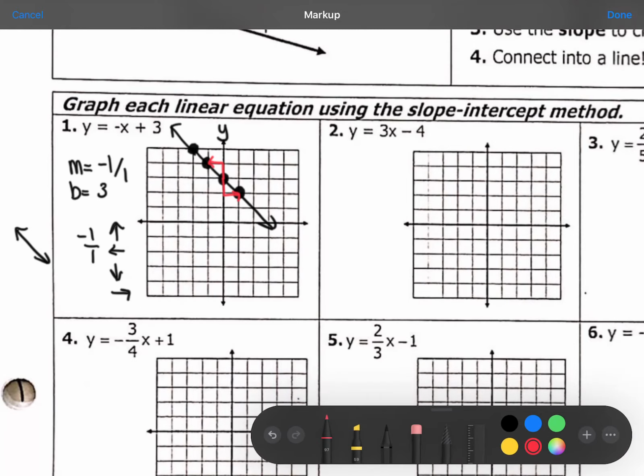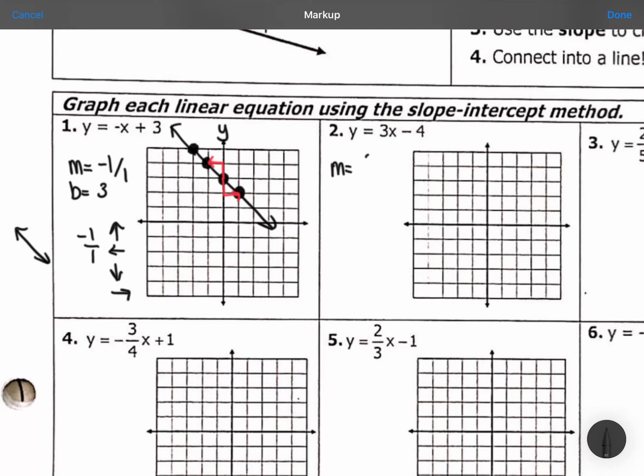Let's take a look at number 2. All right, again, we need to identify our slope, and if it's helpful, go ahead and put a 1 underneath your whole number. So in this example, my slope is 3 over 1, and my y-intercept is negative 4. So when I'm ready to graph, I start at the b value. You always start with your b value. So it's negative 4, and that always goes on the y-axis. Always put your y-intercept on the y-axis.